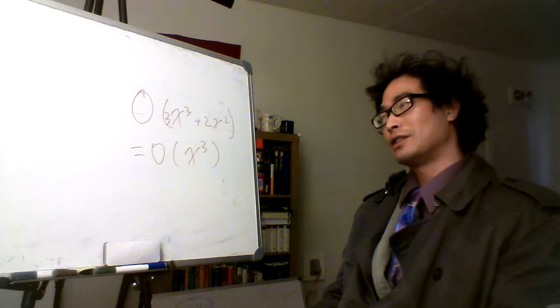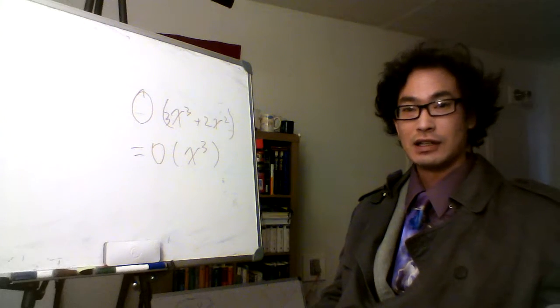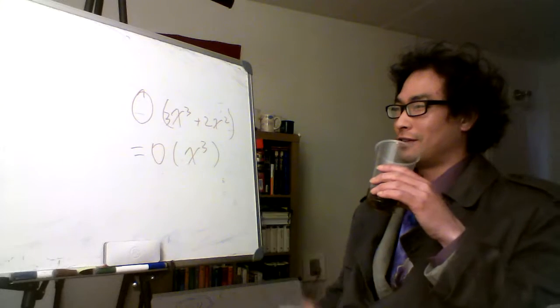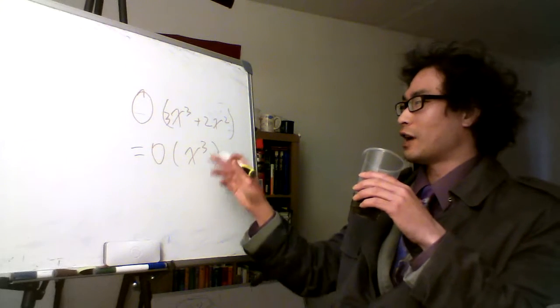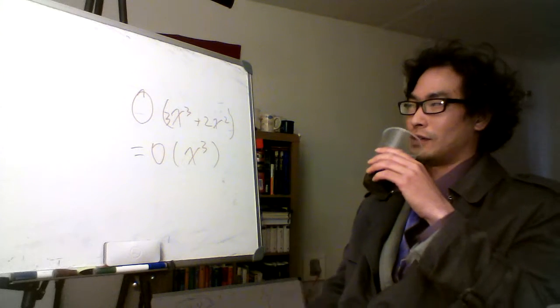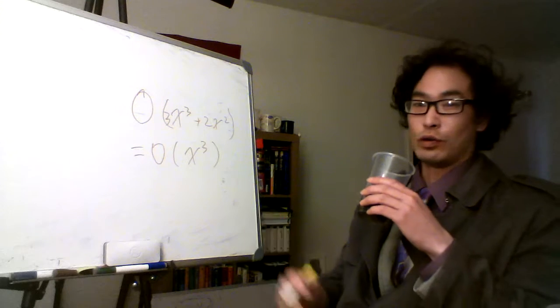That's what makes it so powerful, because it's so easy. It simplifies things dramatically. No bullshit, just extract what matters the most in the eventuality. That's big O notation. There's a mathematical philosophy behind big O notation.